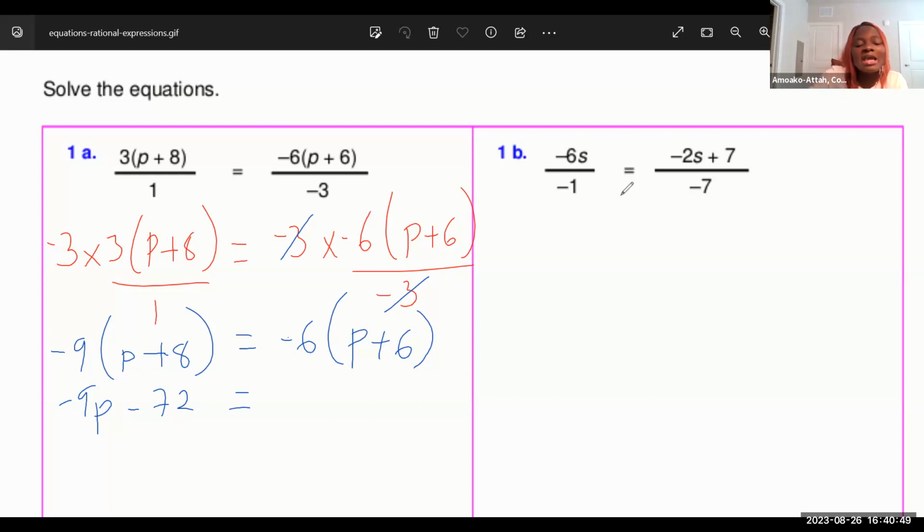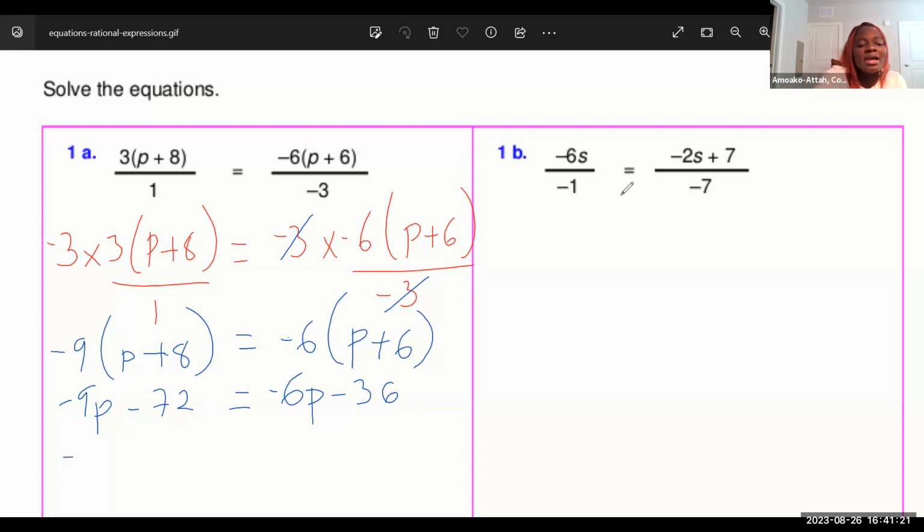So negative 6 times p is negative 6p. Then negative 6 times 6 is what? Negative 36. So at this stage, what do we do? We group like terms. It means we bring all the p's to one part of the equation, then we take the constants, those without the p's, to the other part.